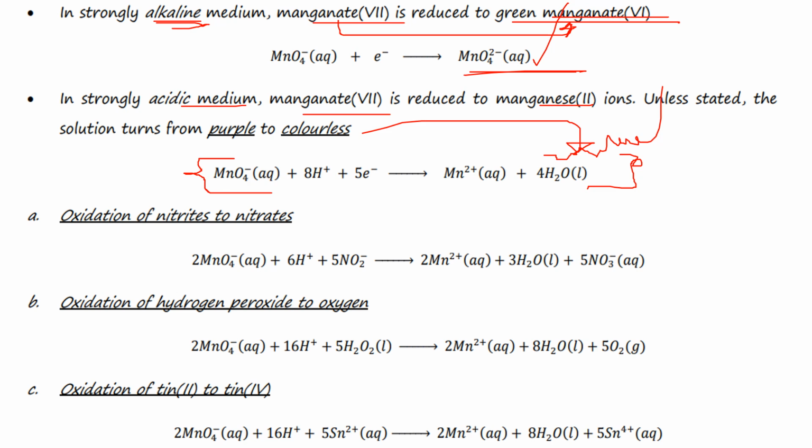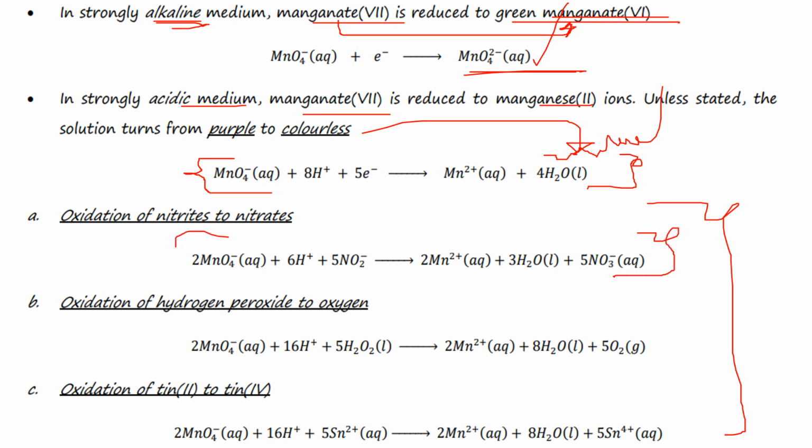Now let's look at some of the specific reactions or the redox reactions that involve manganese 7 ion. Since I've already explained the redox video separately, I'm just going to be going through them. So manganese 7 has the ability to oxidize nitrites to nitrates. The overall redox equation is going to be the following.